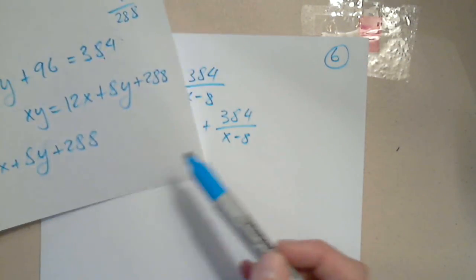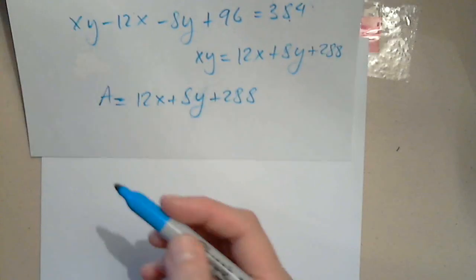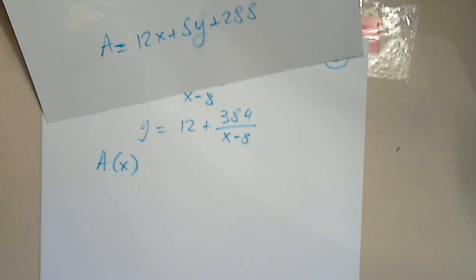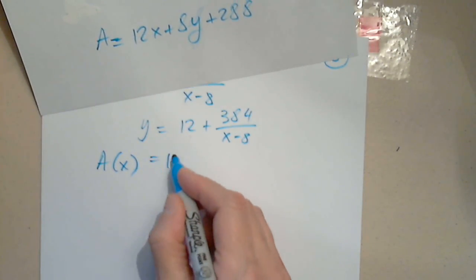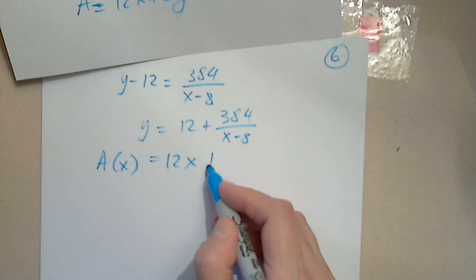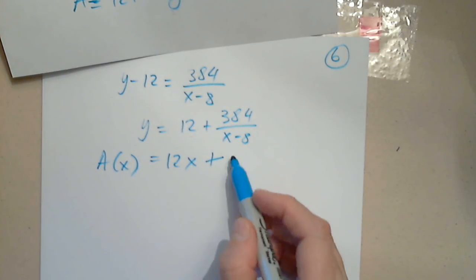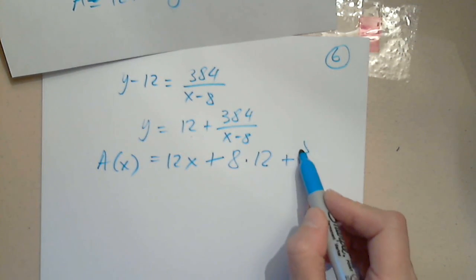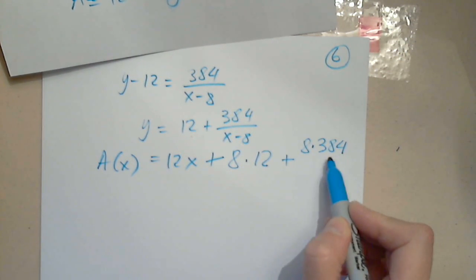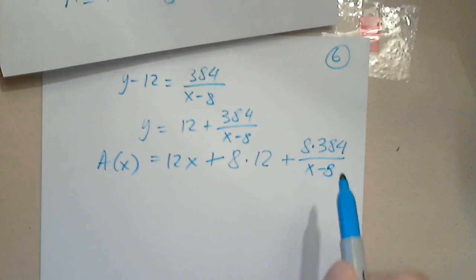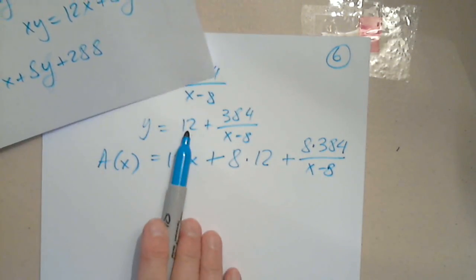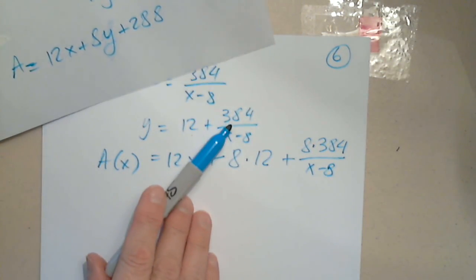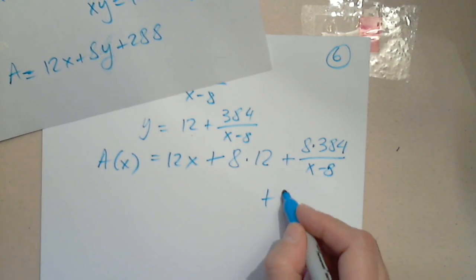Once I replace it in here, now the function becomes A of x, which is 12x plus 8 multiplied by 12 and plus 8 times 384 over x minus 8, because I distributed 8 to 12 and 8 to this, and plus 288.